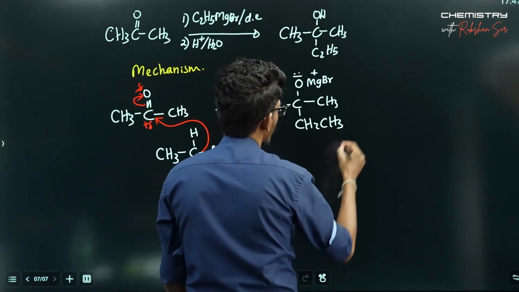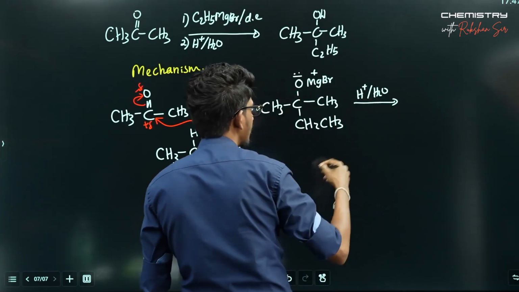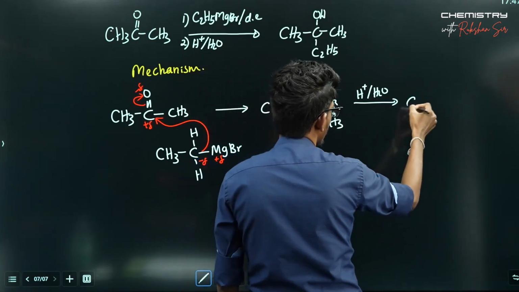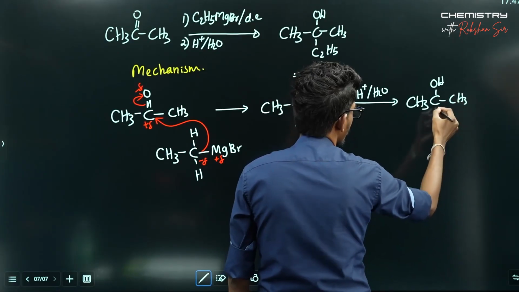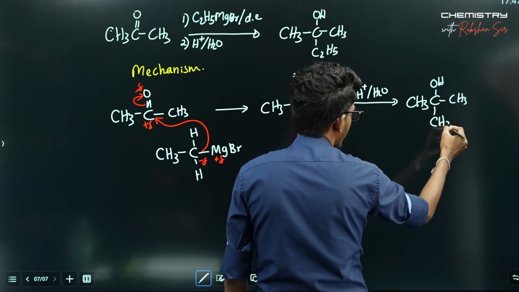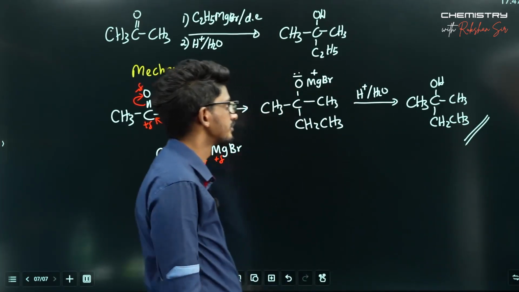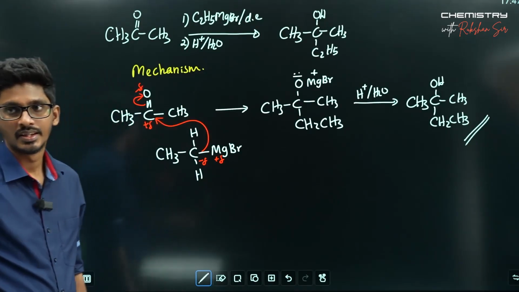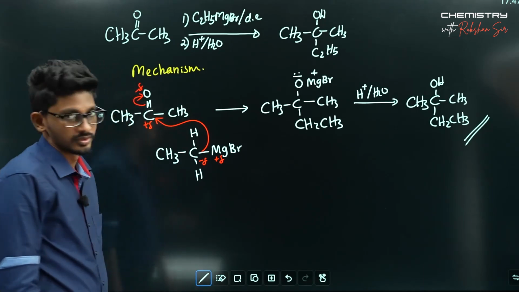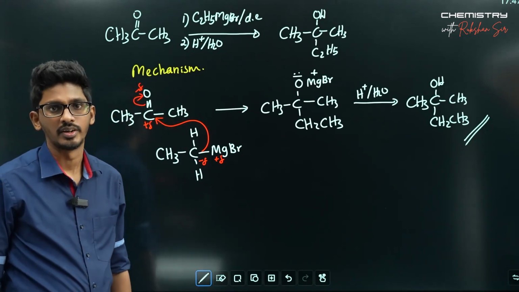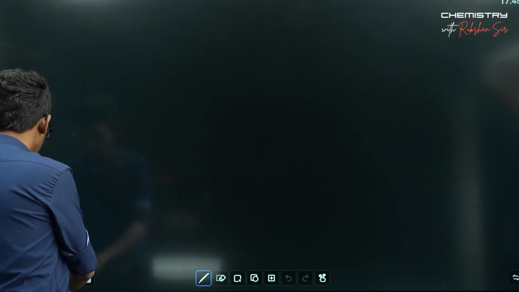So when you are adding H+ H2O, a dilute acid, this hydrogen will be grabbed by this O minus to come up with the alcohol. So you will produce a tertiary alcohol where one R group is given by the Grignard. That is this R group. So that is the mechanism when the Grignard reacts with the ketone. Okay. Let's come up with the other two mechanisms as well.